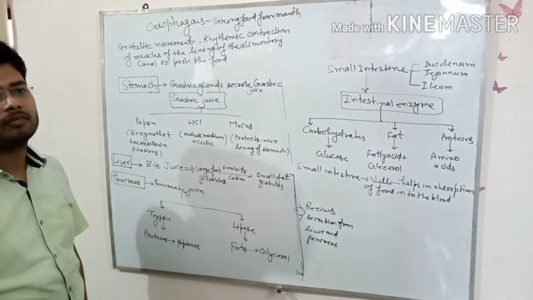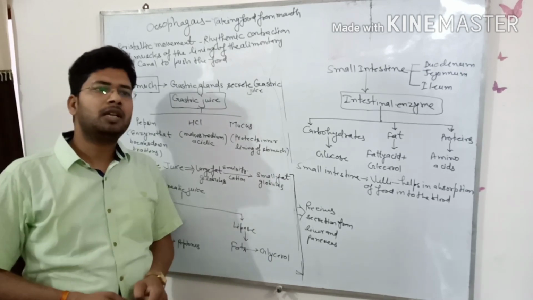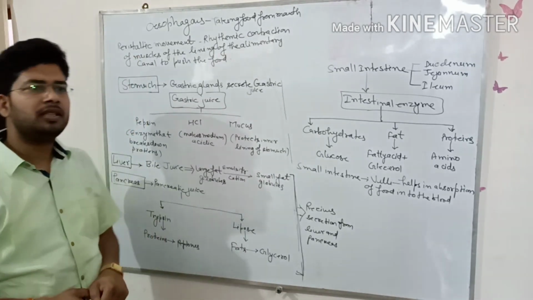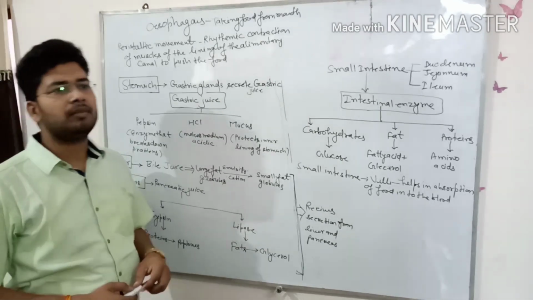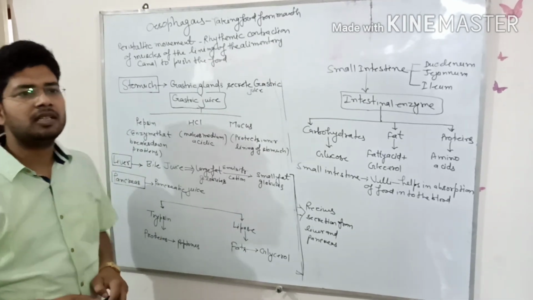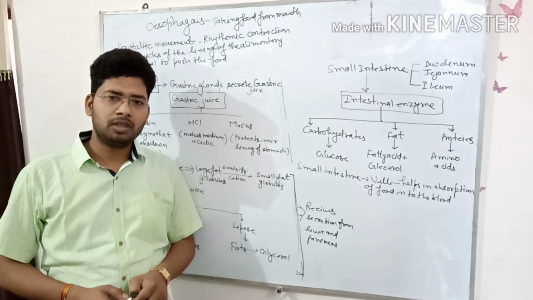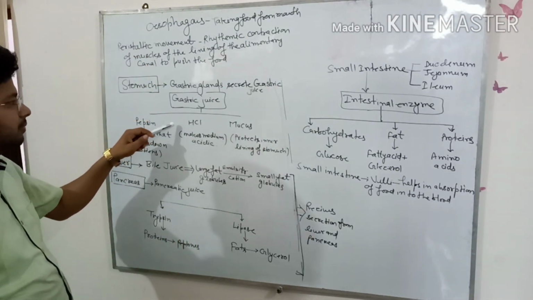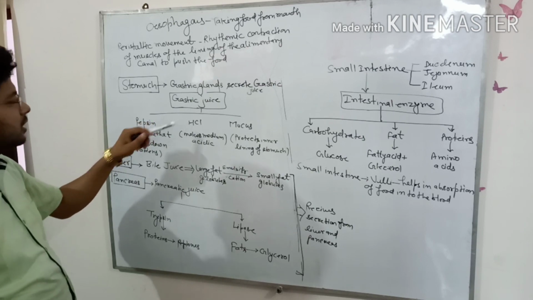Hydrochloric acid helps to kill harmful bacteria, and mucus secreted by the wall of the stomach resists the action of hydrochloric acid. So, we discussed gastric juices.